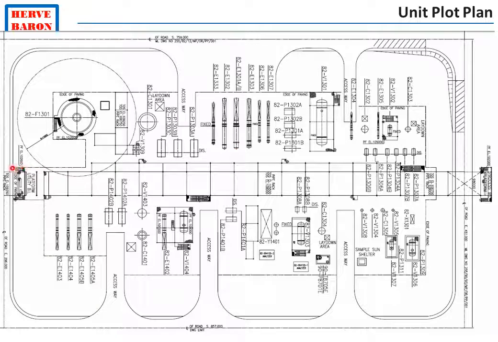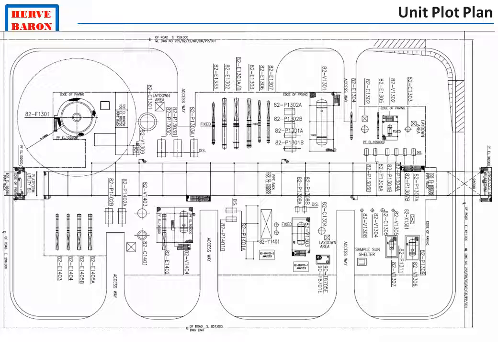It also supports the lines from the plant to the unit and from the unit to the plant, such as utility lines and process lines. Battery limit valves are located at the boundary of the unit. A peripheric road with access ways provides easy access for operation, maintenance, or emergency.